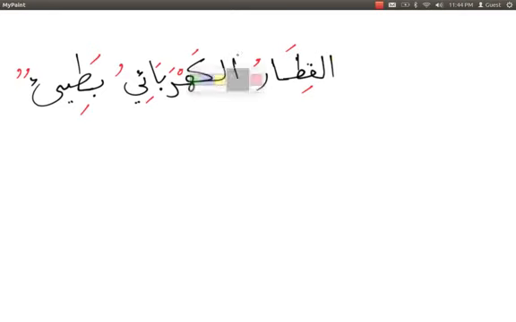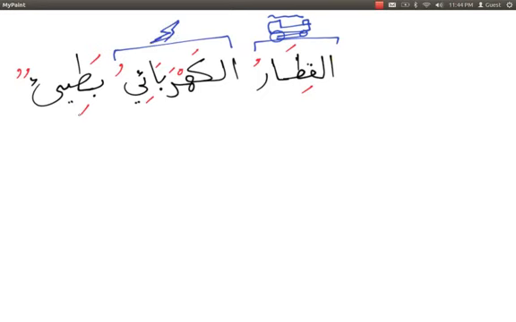Word by word. The word قطار means train. Of course, with L it becomes the train. The word كهربائي means electric.